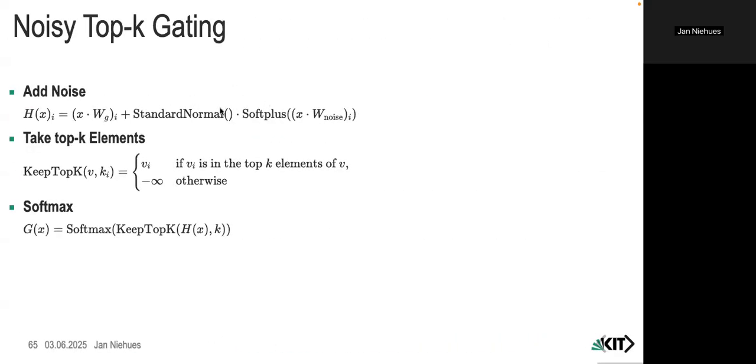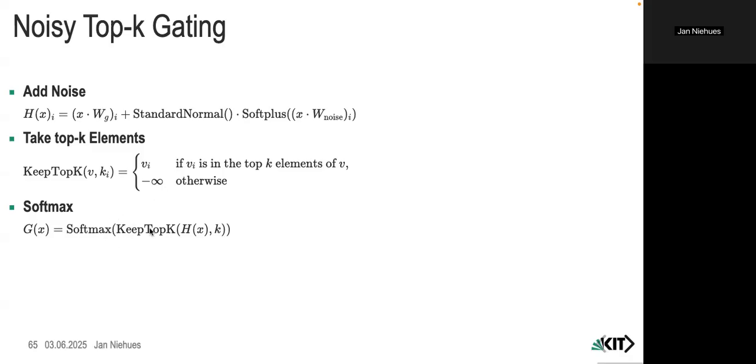And now we are also adding some more noise so that it's not always the same, so some random noise. And then we're not selecting all elements, but we only want to select the top k elements. So if the value is in the top k, we're using it. Otherwise, we're setting the value to minus infinity.